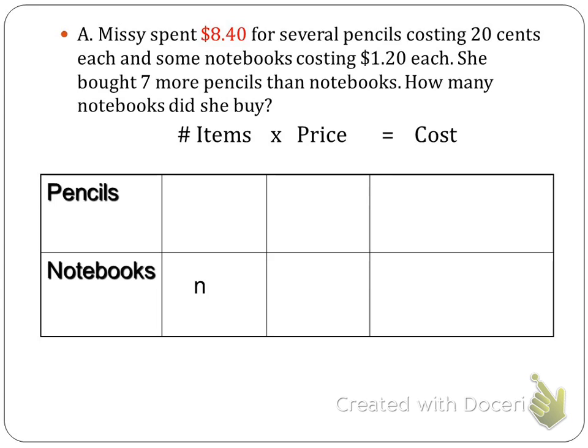All right, so in this problem, we are going to call notebooks N. We are also going to call pencils N plus 7. Do you know why we're calling the number of pencils N plus 7? Yes. Because she bought 7 more pencils. Yes, she bought 7 more pencils than notebooks. So if N represents the number of notebooks she bought, N plus 7 would give us the number of pencils that she bought. Any questions at the moment?